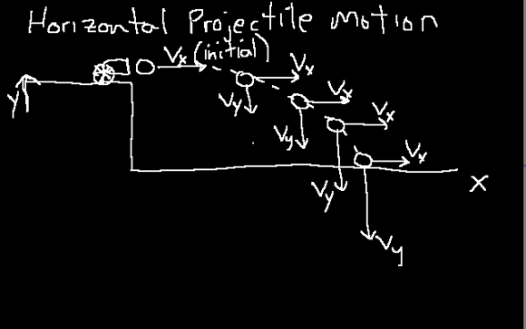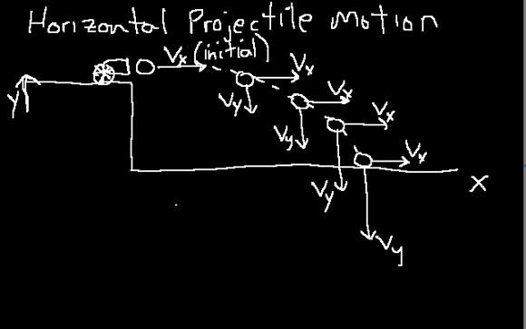All right, so we can find the two components of the velocity, the horizontal component, which is the component in the x direction, and the component in the y direction, or the vertical component of the velocity, at any point in time.